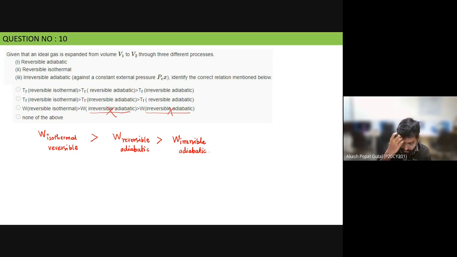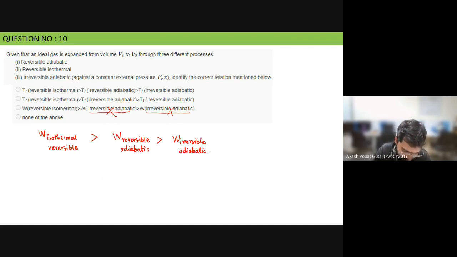So the least work done will be by irreversible adiabatic. So how can we comment, from having information about the work done, about the temperature?